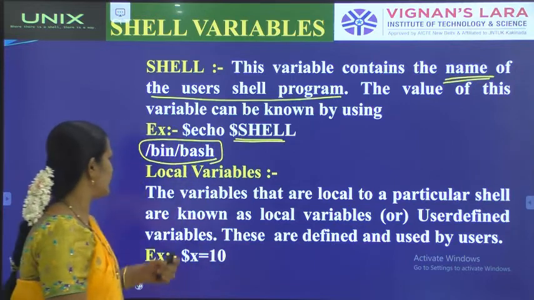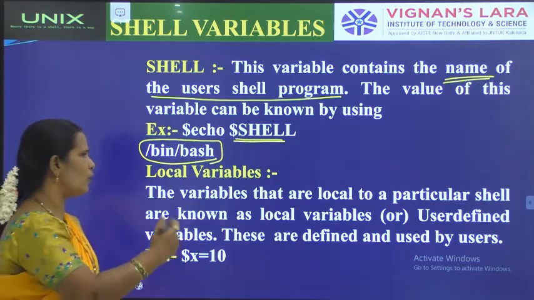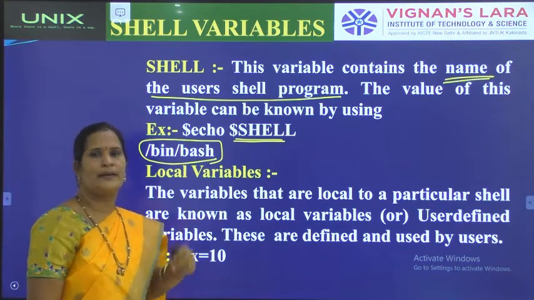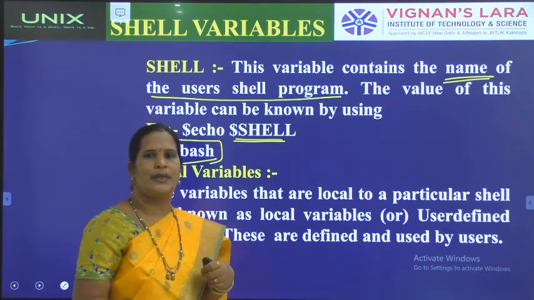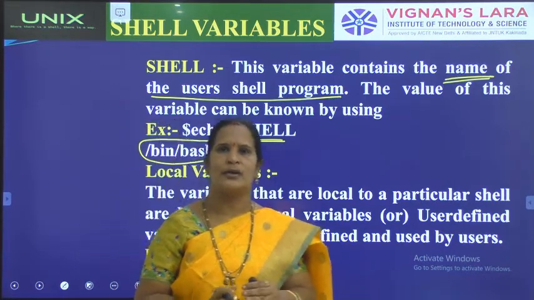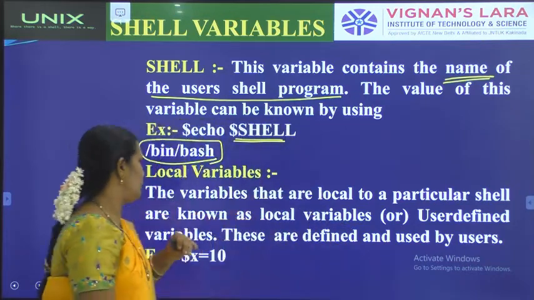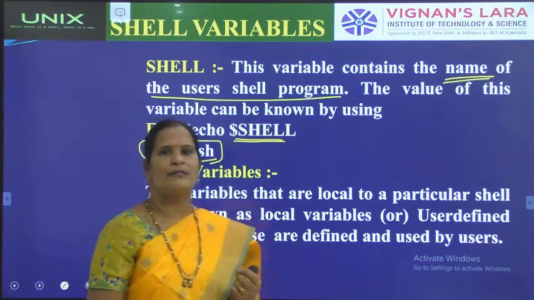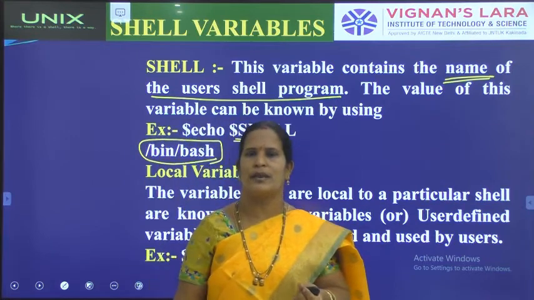The second type of variable is the local variable. These are local to a particular shell. The variables that are local to a particular shell are known as local variables. These variables are also known as user defined variables. Why do we call these local variables user defined variables?